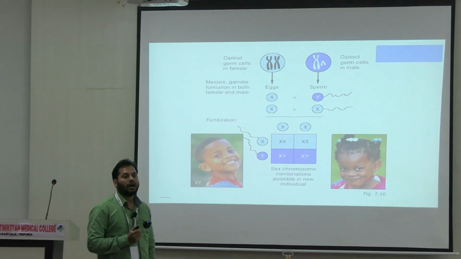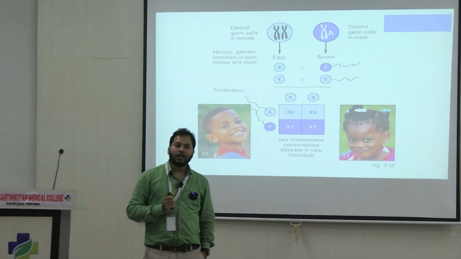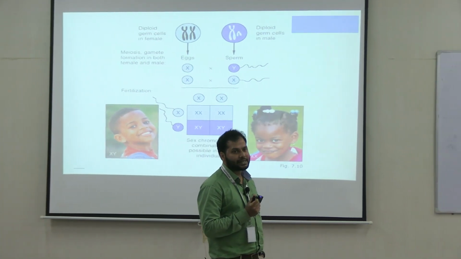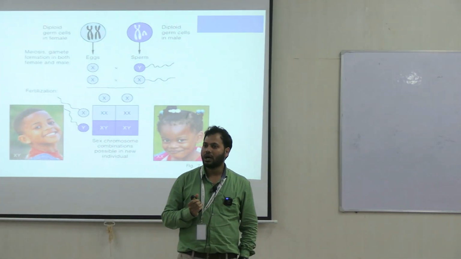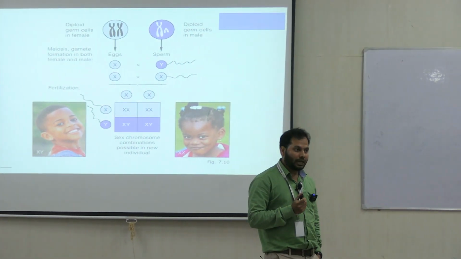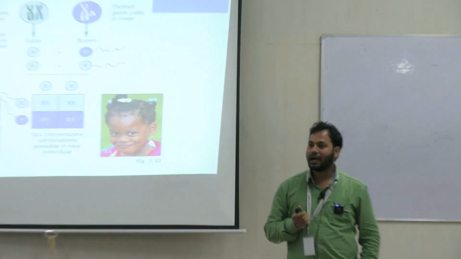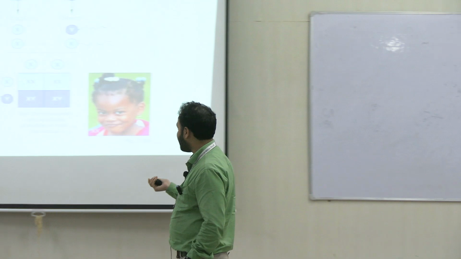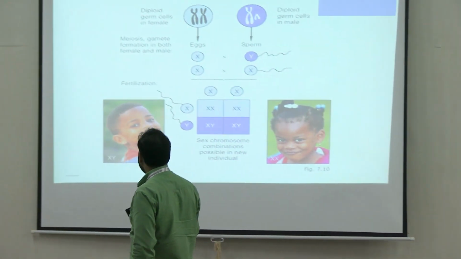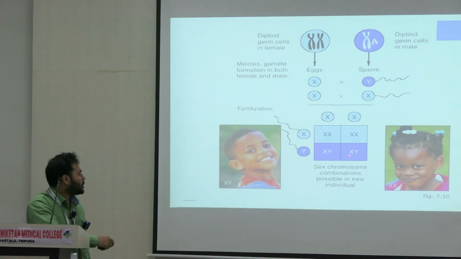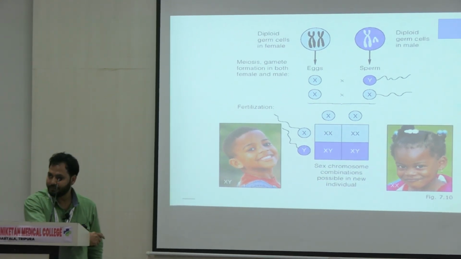It means ultimately the fertilization of the male sex cell and female sex cell gives either a male offspring or a female offspring. That totally depends on what type of gametes fuse with which one, right? So in this case the distribution of offspring is 50-50, right?